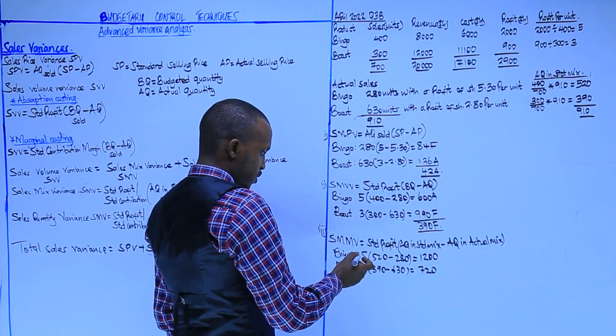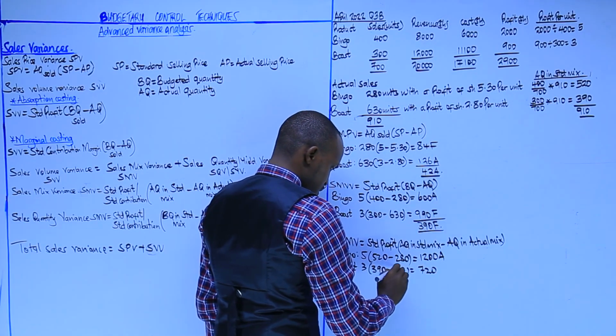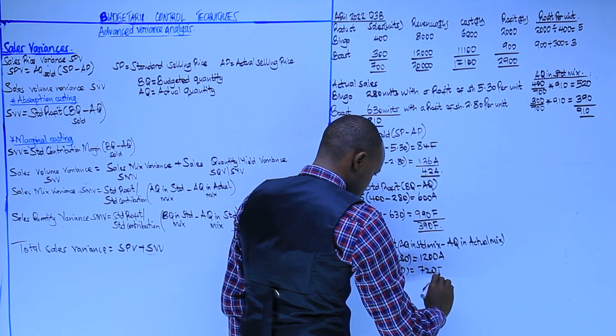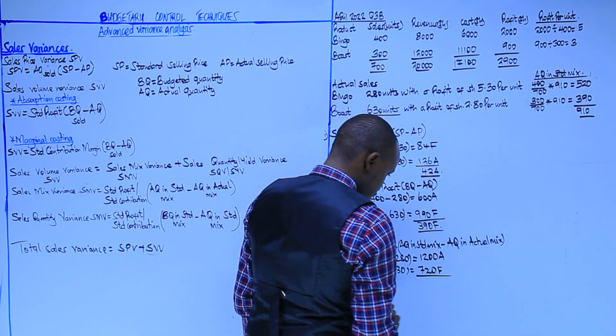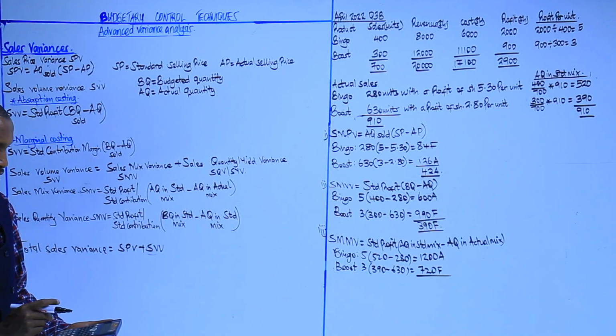So actual quantities, so this should be adverse. This should be favorable. That should be favorable.